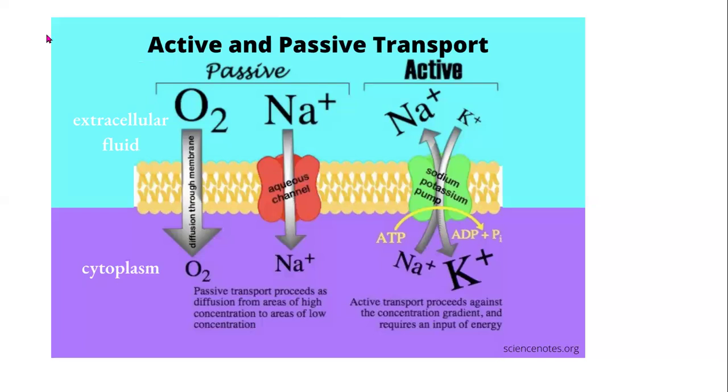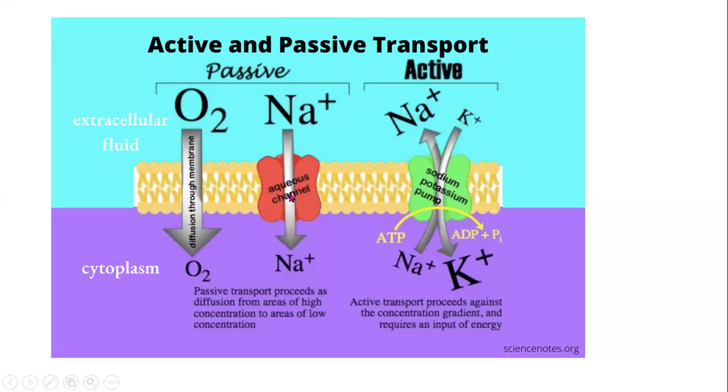For passive transport, you can have a transportation of oxygen. Oxygen can just diffuse through the membrane. You have extracellular fluid outside the cell, and oxygen can just enter inside directly. And you have sodium also; the ion can enter because it has a sodium channel.